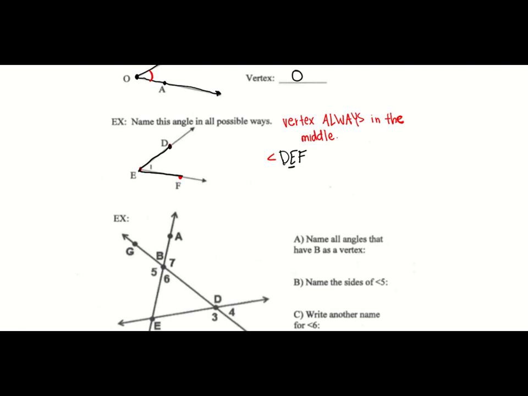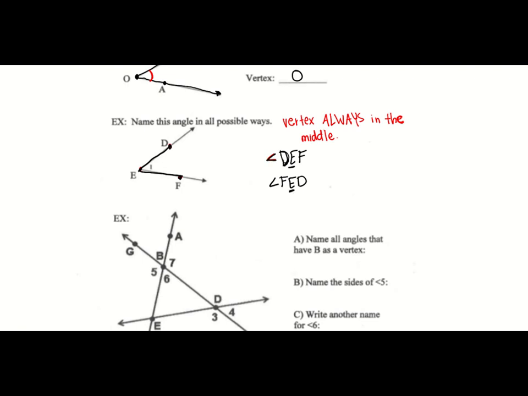This names my angle. I have to go in order. I have to start at the outside, go into my vertex, and then back out to the outside. So if I do that, I could go the other direction. I could go angle, start at F, go into my vertex E, and back out to D. So those are 2 ways I could name that angle.